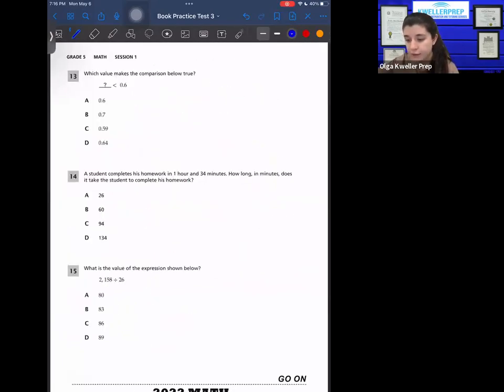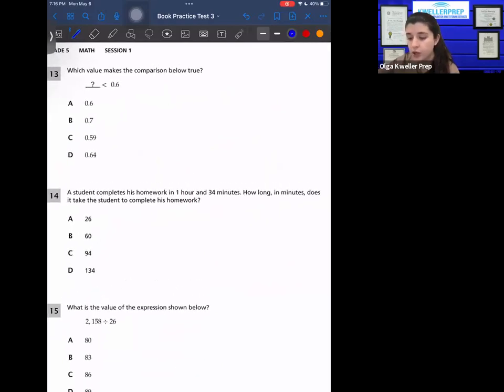All right, let's get through a few more and then we'll go to the short answers. So this sign, just to review, means what? Does it mean less than or greater than or what? So this sign means less than, right?